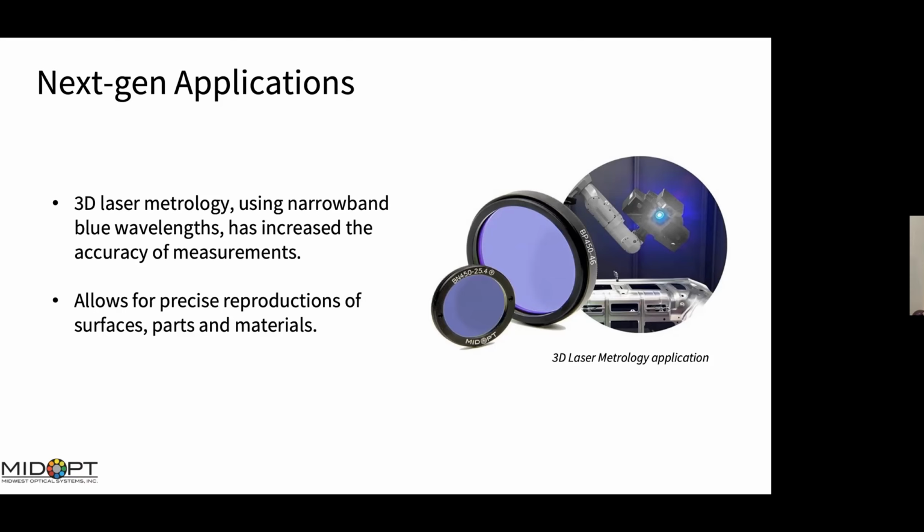This is widely used in car manufacturing and machine manufacturing, where again they're checking these reproduced parts to make sure they fit within a very tight tolerance. And here also we're using a filter to block ambient wavelengths and to return this blue laser that's going back into the sensor.